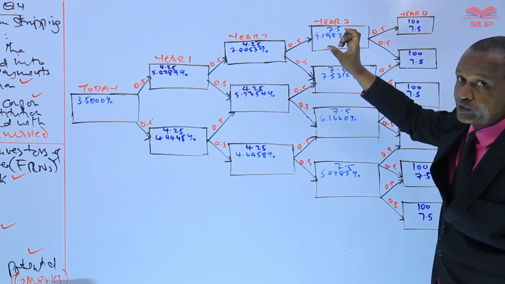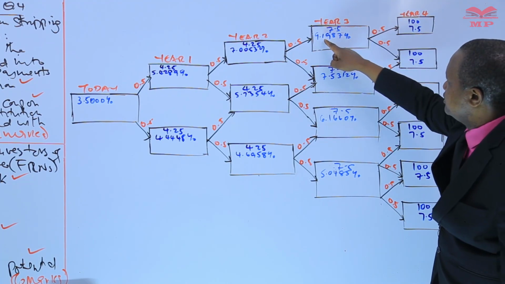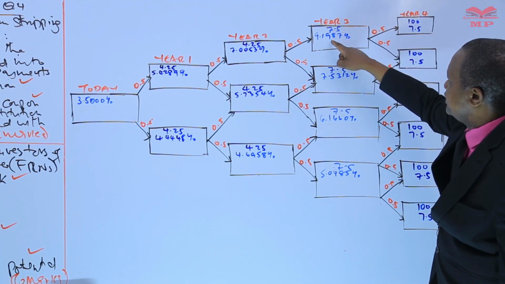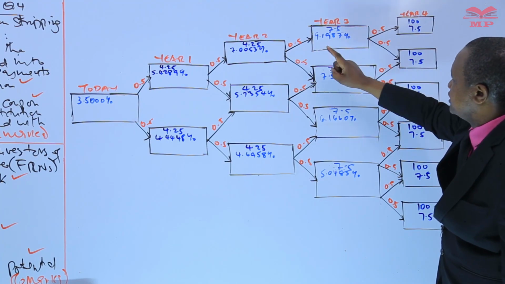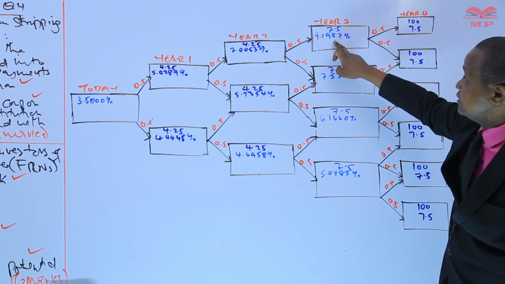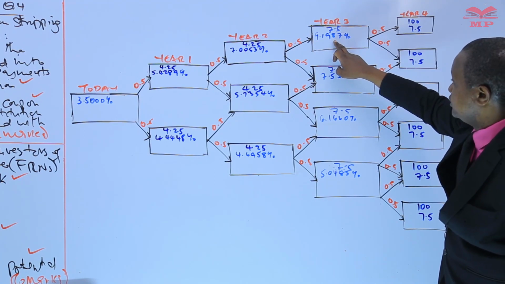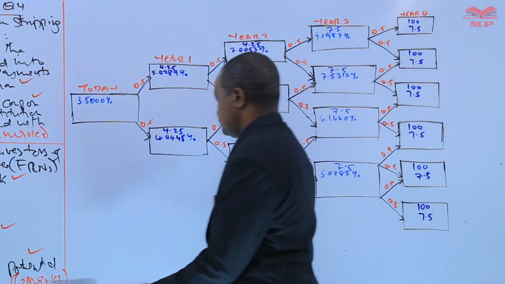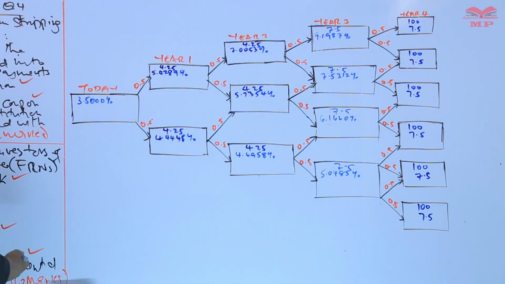Then we discount using 9.1987% as a discounting rate. The present value, we write it in this node. This is what I mean. Let me demonstrate.